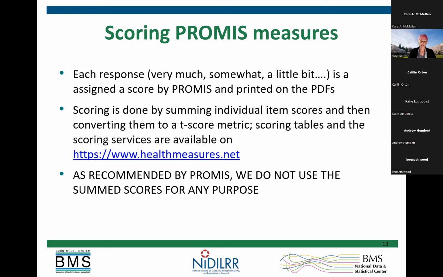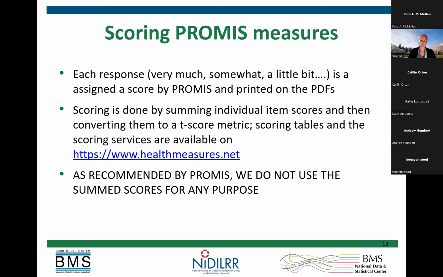These scores are printed on the PDFs that you get from PROMIS. And we score by summing the individual item scores and then converting them to a T-score metric. You can use scoring tables to score short forms, or you can use the scoring service, which is available on the website if you use a unique set of items.